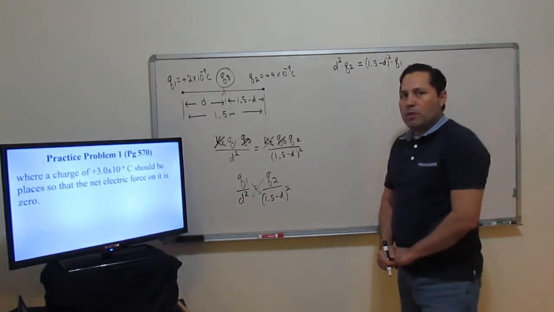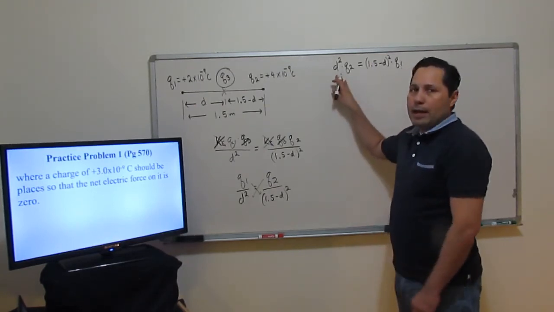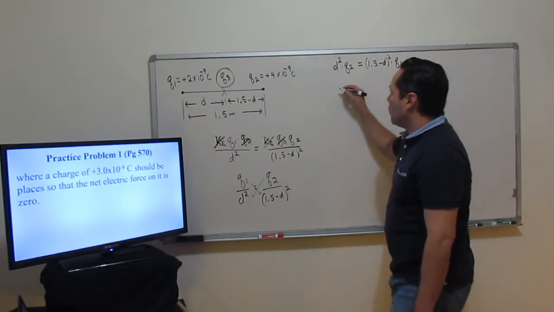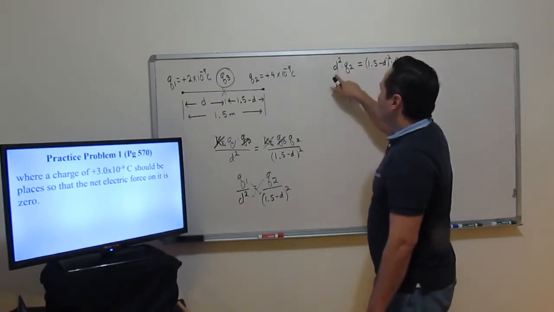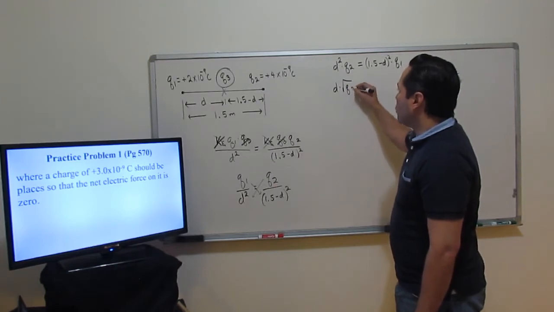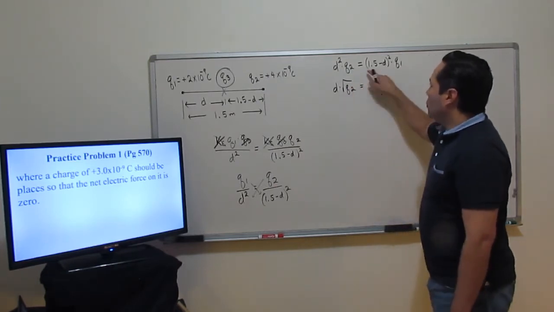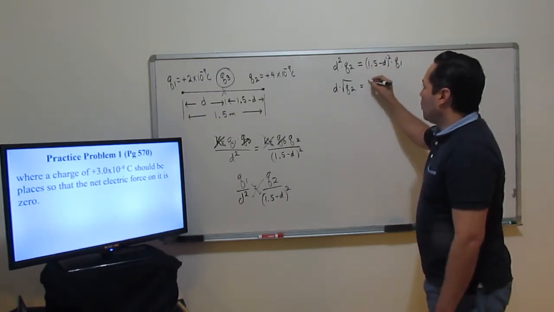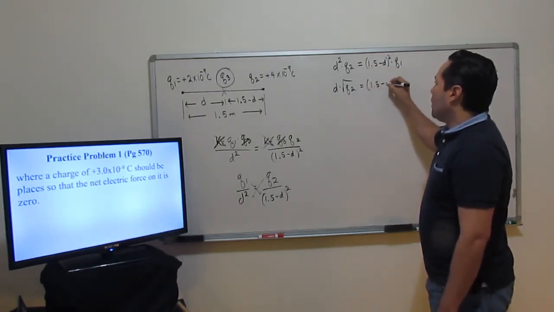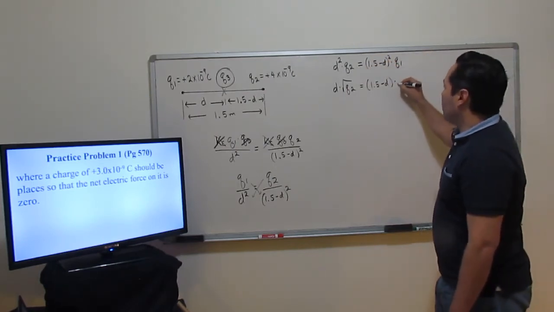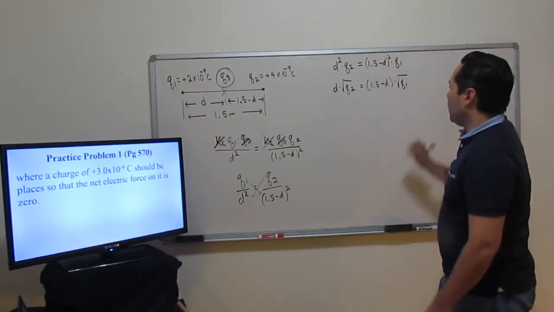Our next step is to begin simplifying. We're going to get rid of all those squares by square rooting. So we're left with this. Square root of D squared is just D times square root of Q2. It's equal to the square root of 1.5 minus D squared, which is just 1.5 minus D, and on this side we have square root of Q1.